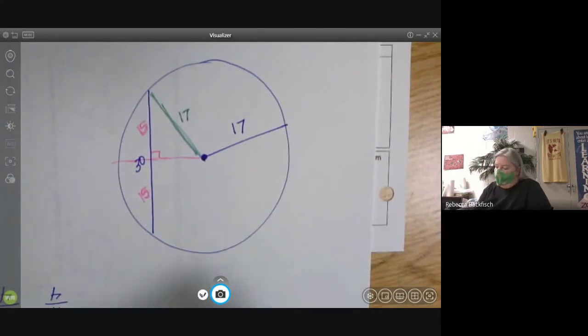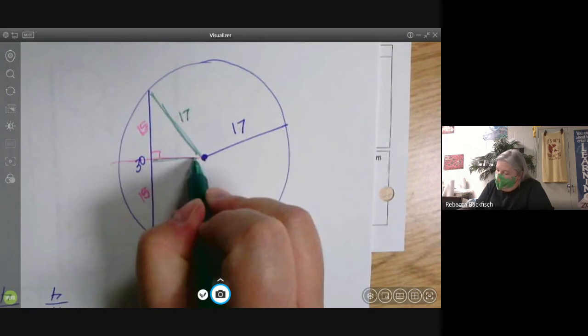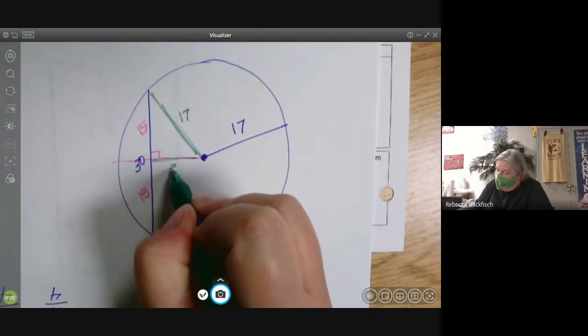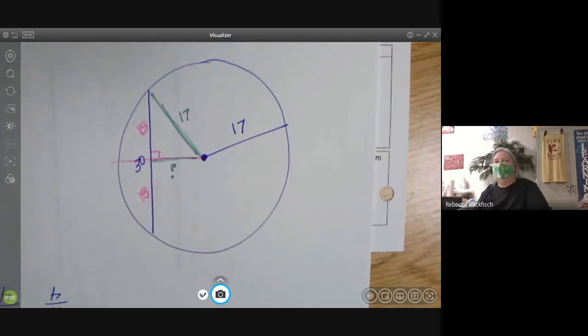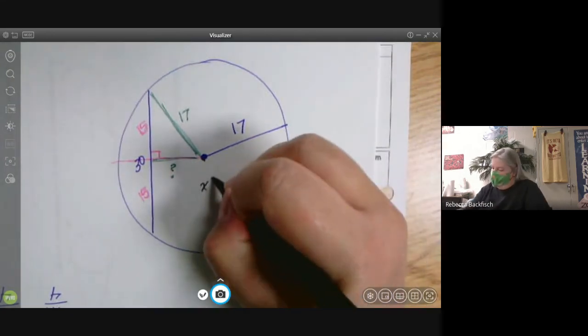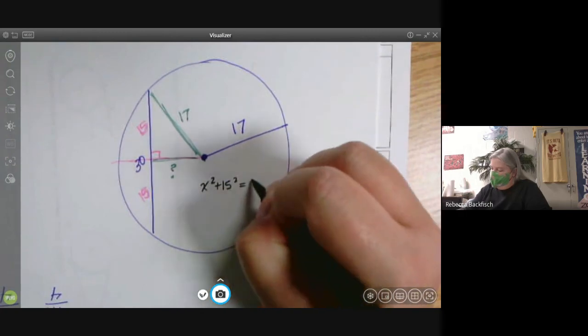So when they want to know the distance from the center to the chord, that's this distance right here. And I've got a right triangle. And I can use Pythagorean theorem to find out. So let's call it x. And say x squared plus 15 squared equals 17 squared.